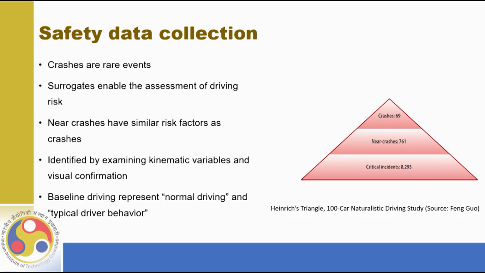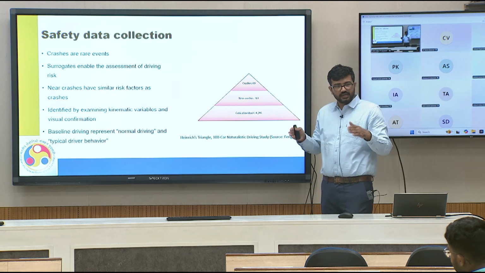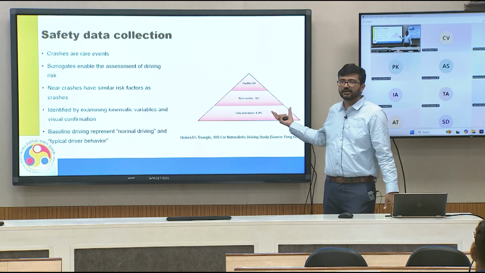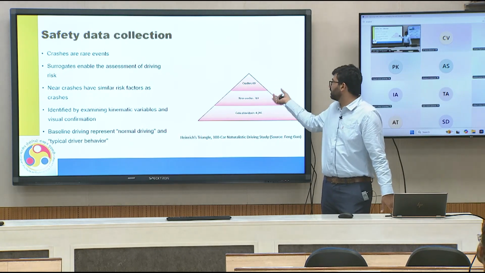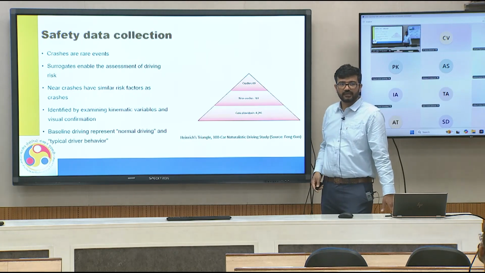One of the logics for doing this, I think the professor also mentioned in one of his previous classes, is the hierarchy of risky events. This was one of the studies done as a predecessor to this one, called the 100-car study. What they found from that experiment is that as the severity of an event reduces, the number increases, like a pyramid structure, where at the top more severe events are followed by lesser severe events.